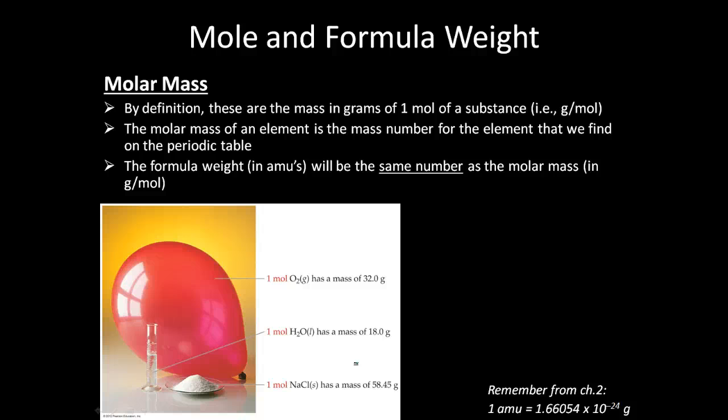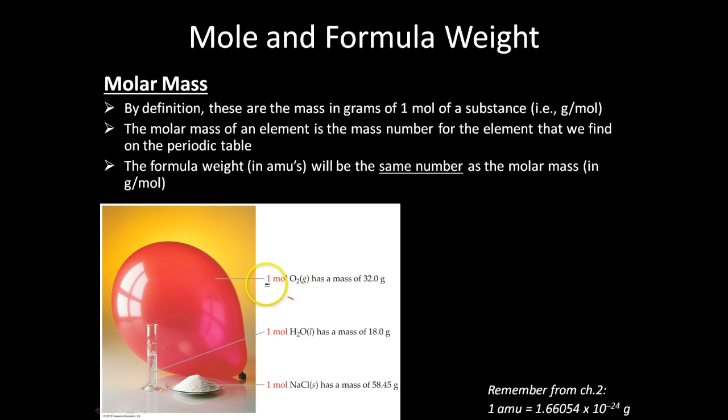If we're talking about average mass numbers, remember those atomic weights on the bottom, the molar mass for that particular element, not just that isotope, but that element type, is just that atomic weight underneath. So the formula weight in AMU will be the same number as the molar mass in grams per mole. The formula weight for any particular formula, no matter whether it's ionic or molecular, in AMUs will be the same number as the molar mass in grams per mole.